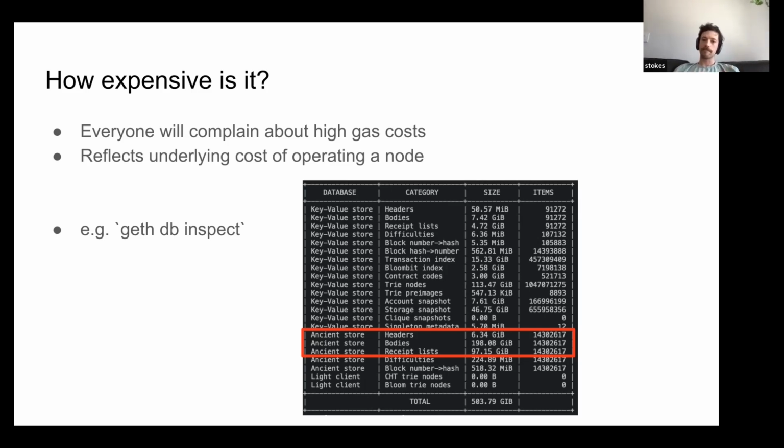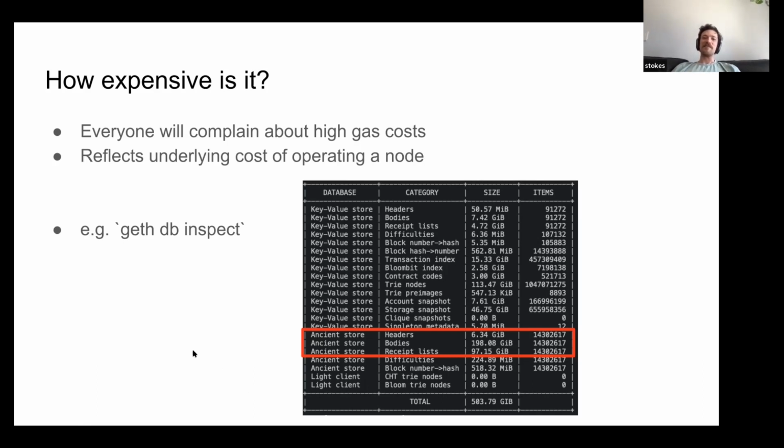So you can see this chart here, and this was from a Geth node that I synced just over the weekend, so it's super fresh, version 10.16 if anyone is interested. Point is, you see here at the bottom, it takes half a terabyte, 500 gigabytes, right? So that's a lot, is the bottom line.